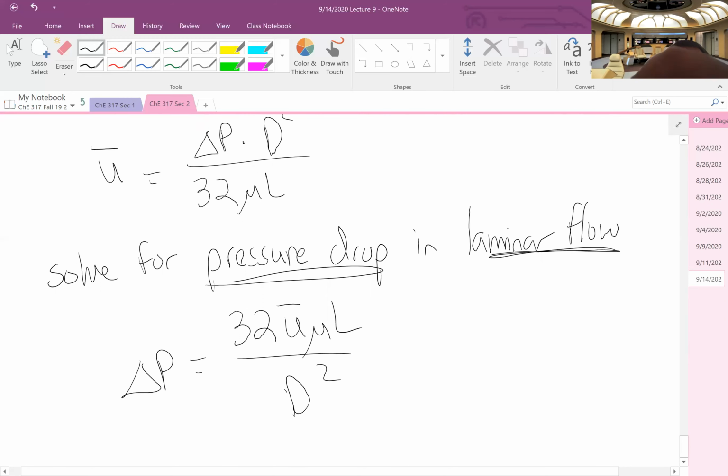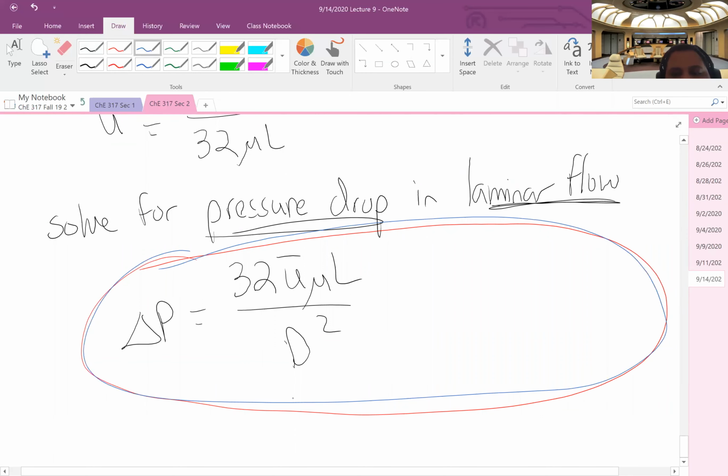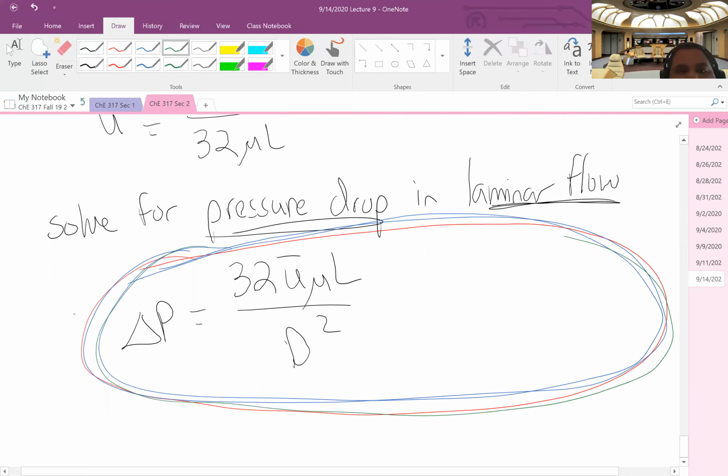And this expression is important as it denotes what we expect to see in terms of skin friction, particularly as it applies to pressure drop in laminar flow, such that it has its own name, which we simply call the Hagen-Poiseuille equation.